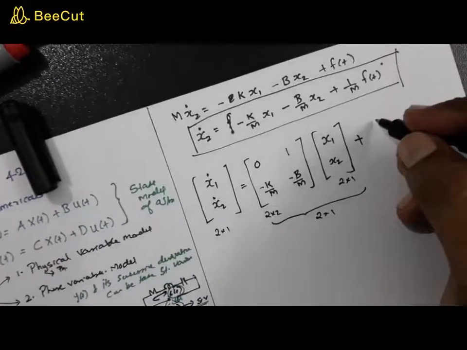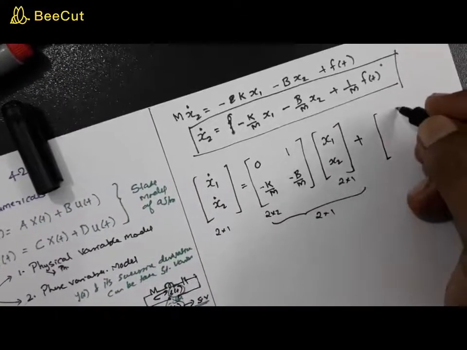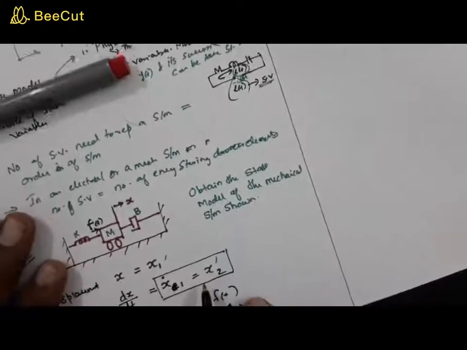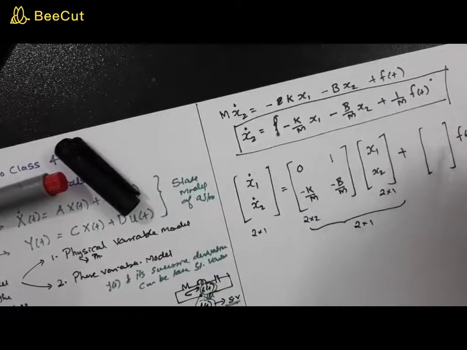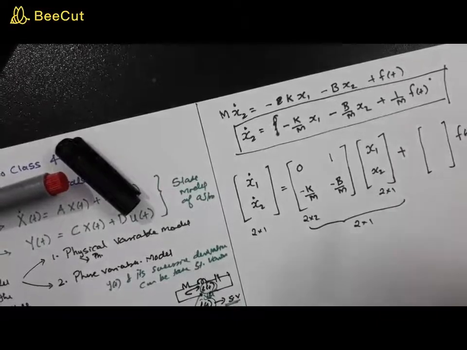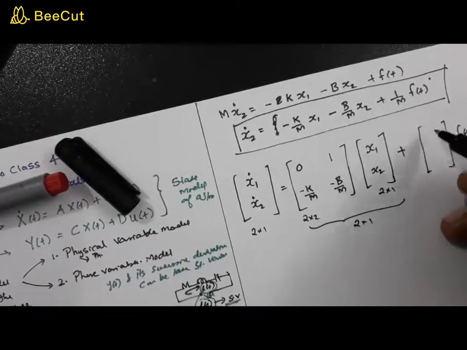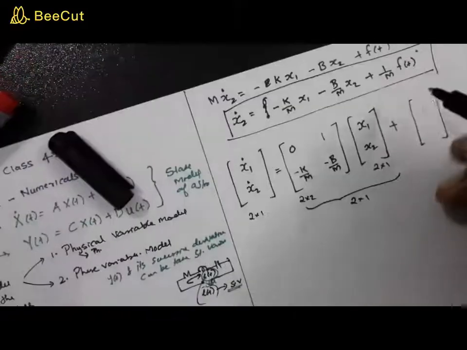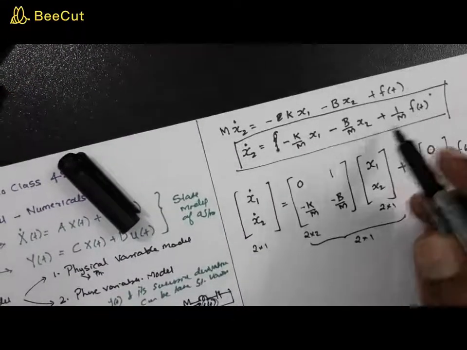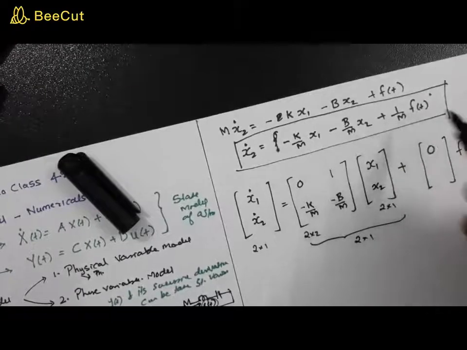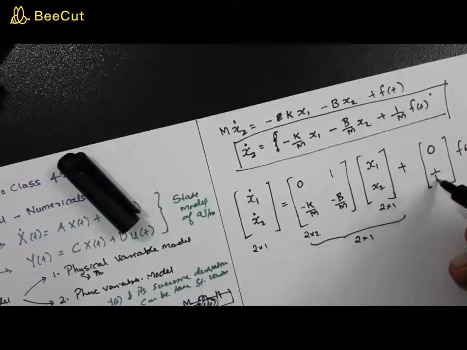In the first part, as I have told you, there is no input. So you can multiply this by an input f of t, f of t into this column matrix. So in the x1 dot side, there is no input, while in this case you have 1 by m times f of t.